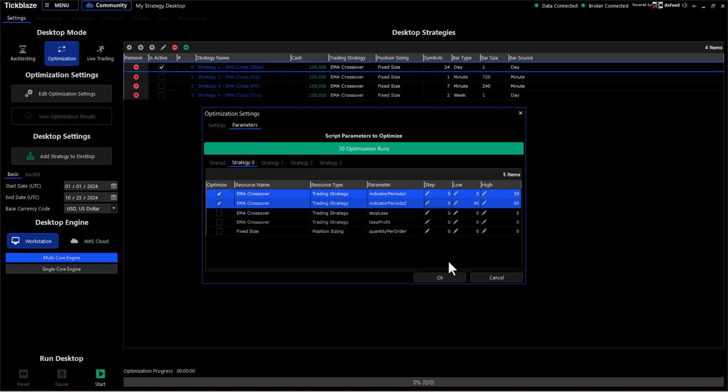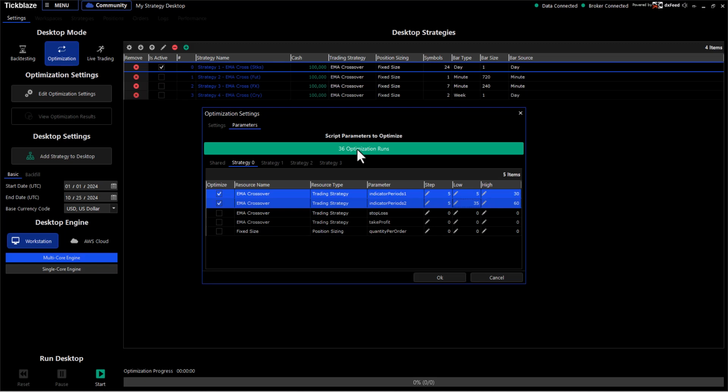And you'll notice that at any given time, when we change the step count or the variable, maybe I want to come here to 35, you're going to see up in the optimization runs, this highlighted green section. When I hit enter, it increases the optimization runs because I'm creating more variables and more iterations for it to test. So as you increase your step number and the low to high variable, this will either increase or decrease the optimization runs that perform.